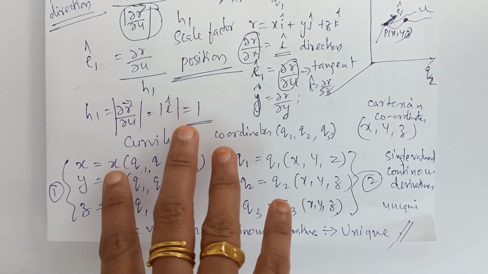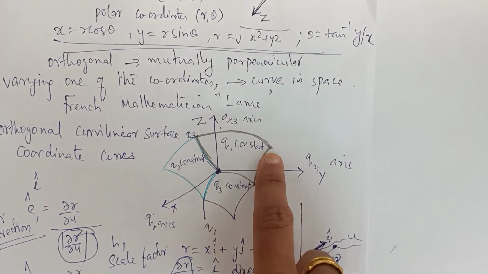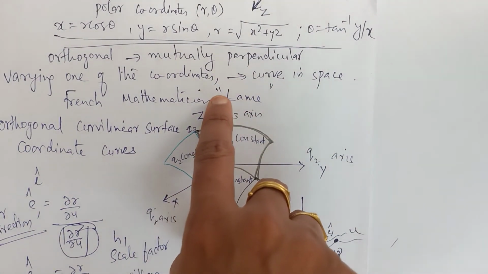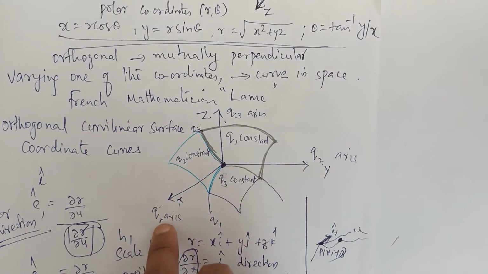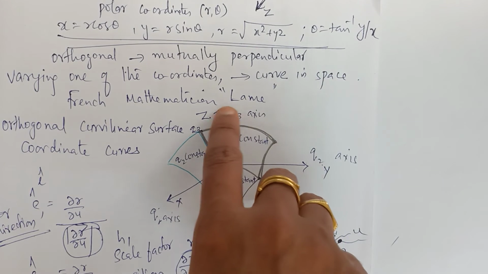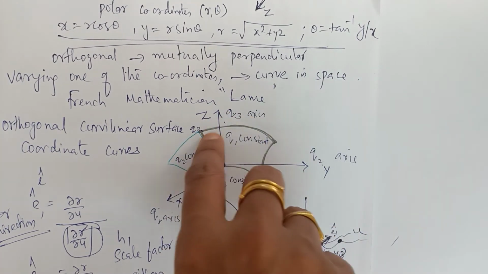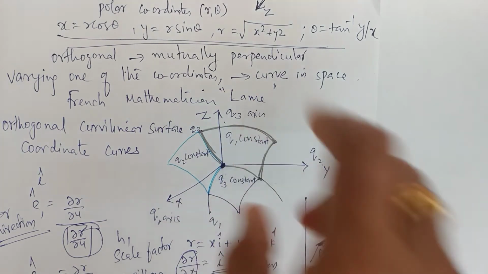So now we were talking about transformation of coordinates. We have three surfaces described by the Cartesian coordinates x, y, z, and curvilinear coordinates along the q1 axis, q2 axis and q3 axis. These surfaces were not mutually perpendicular. If they are perpendicular, we can call them orthogonal.